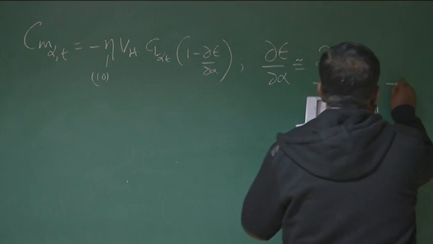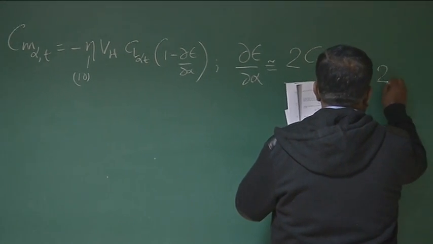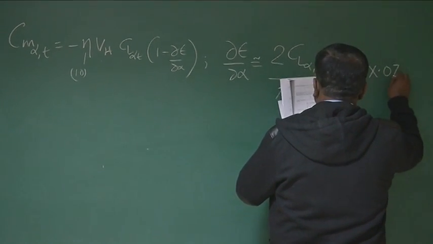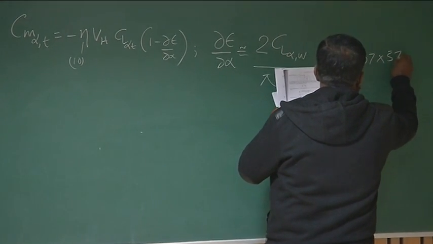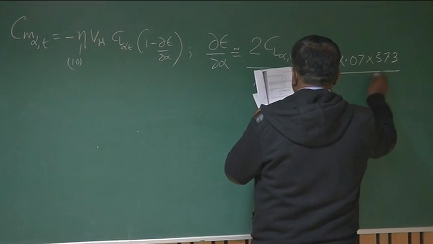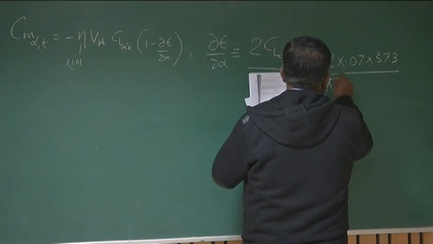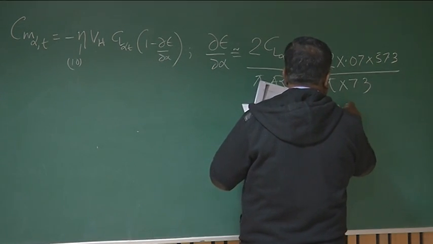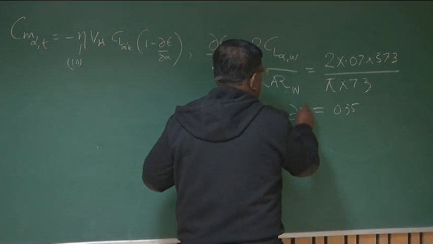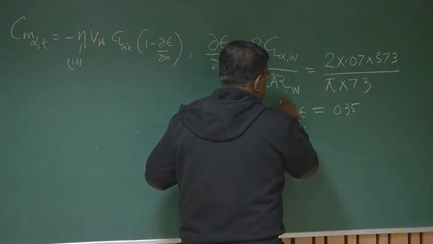If I put those numbers, I will get 2 into 0.07 into 57.3, because I have to convert into radian, it was per degree, divided by pi aspect ratio, which is 7.3, and this will get a value of 0.35. So d epsilon by d alpha is purely mechanical.